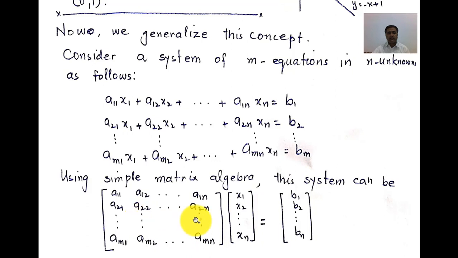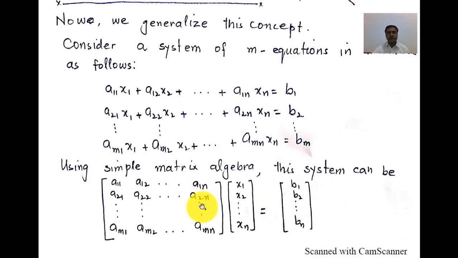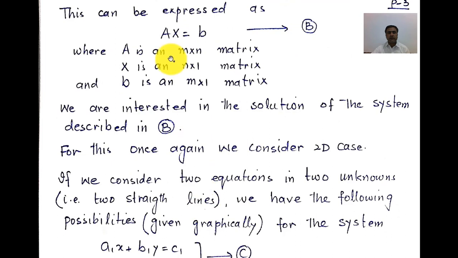If I call these matrices A, x, and B, then I can interpret this system as Ax equals B, where A is an m cross n matrix, x is an n cross 1 matrix, and B is an m cross 1 matrix. We are interested in the solution of the system described in B.